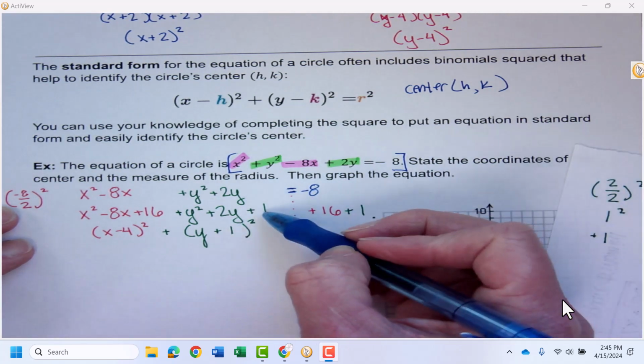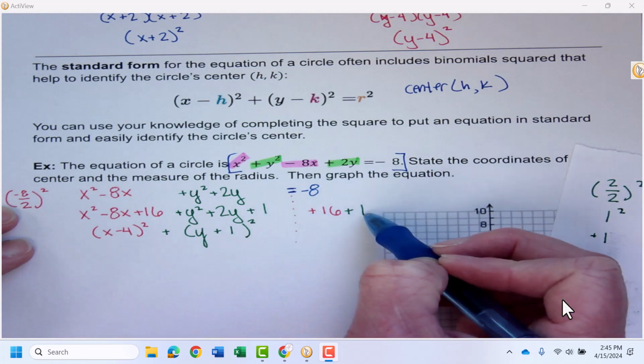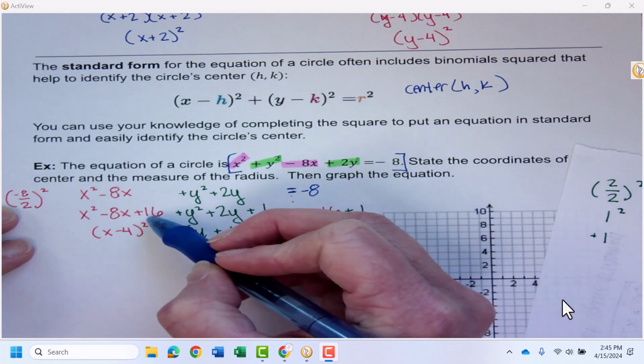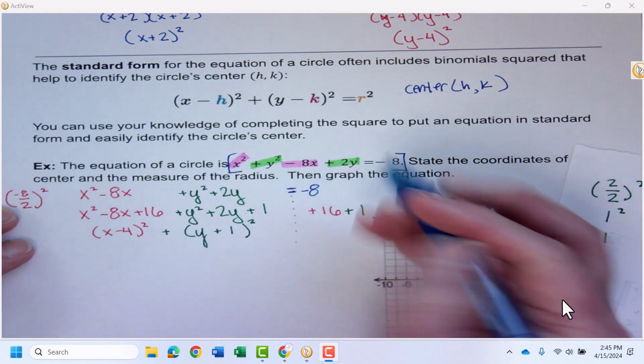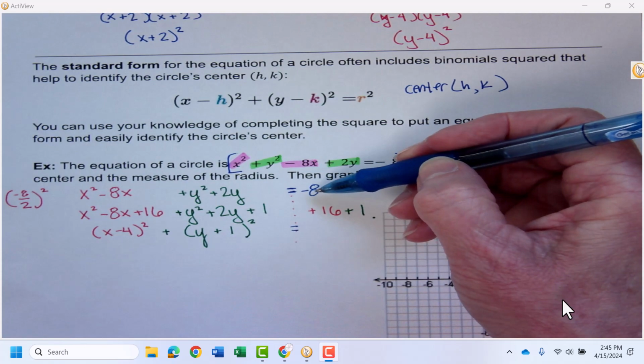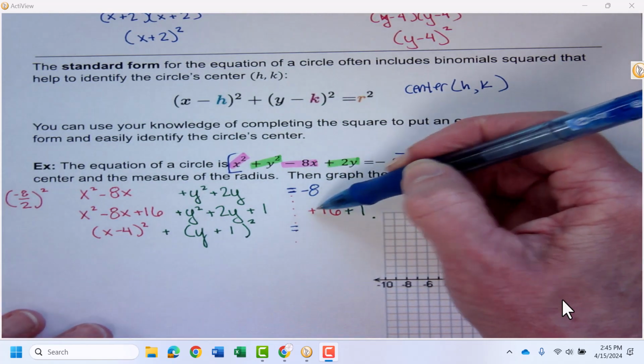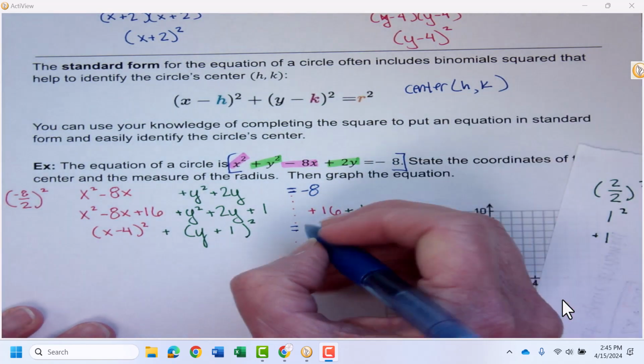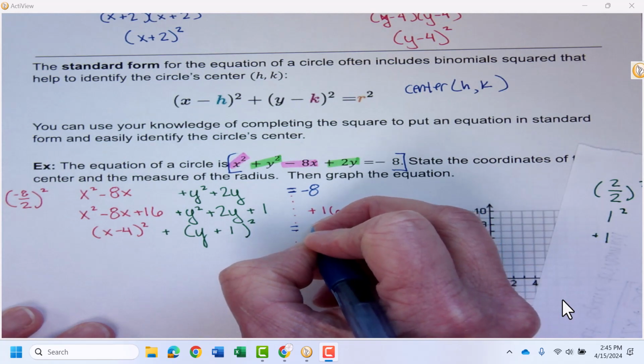When I added the 1 to the left side of the equation, I added it to the right side. When I added 16 to the left side, I added it to the right side. Over on this side, I started with negative 8, and I added on another 17. So it looks like that's going to put me at 9.